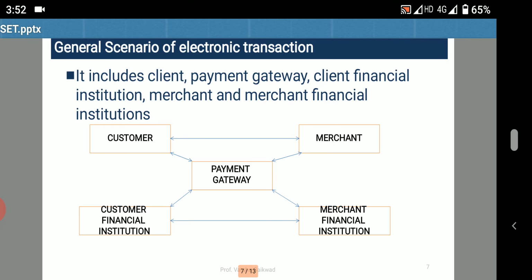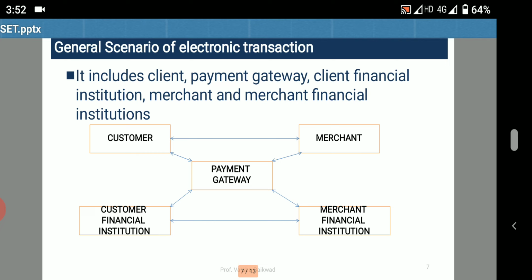So you can see there are 5 blocks: client, merchant, payment gateway, customer financial institution, merchant financial institution. This is a general scenario of electronic transaction.